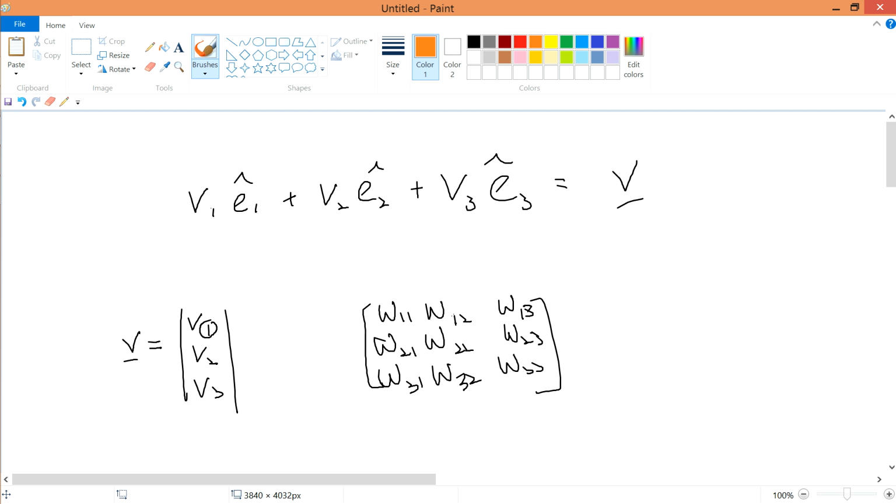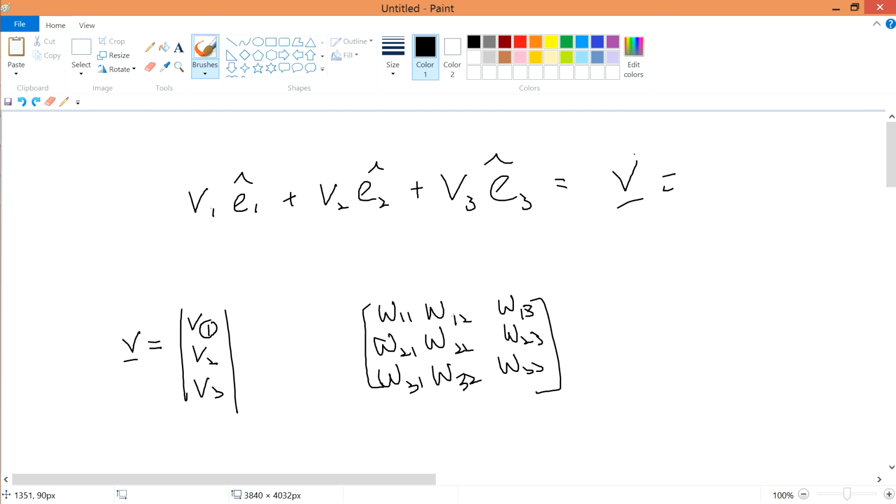So how do we use this to define certain things? We can make things more short form, more efficient when writing. The components are v1, v2, v3, and the basis vectors are the unit vectors e1, e2, and e3.